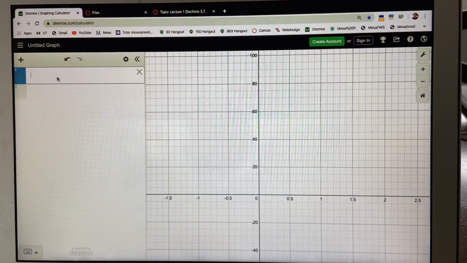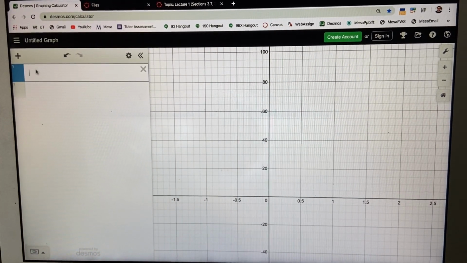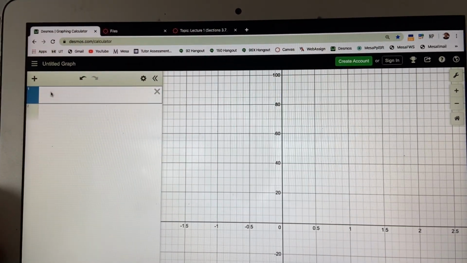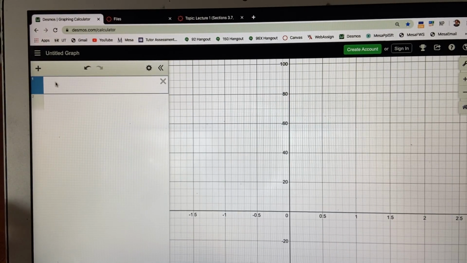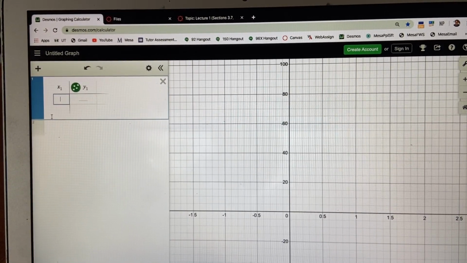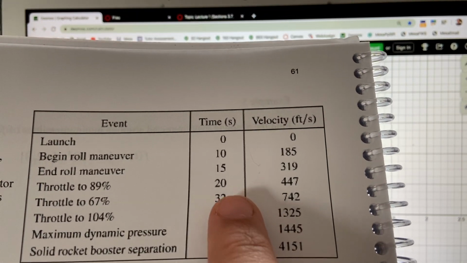Okay, so desmos.com. Over here you can click this plus, and then go table. And then what I'll type in there is all of this data here.